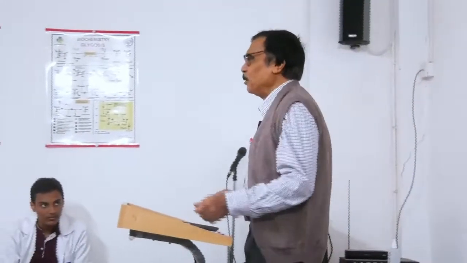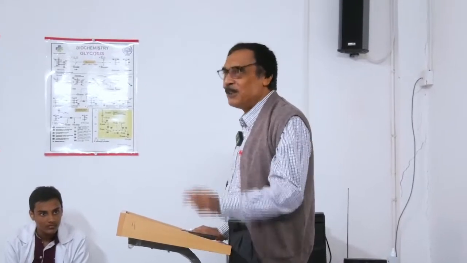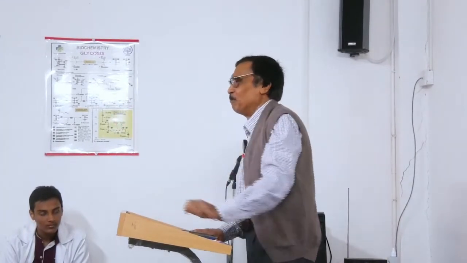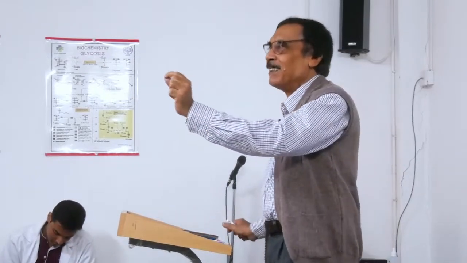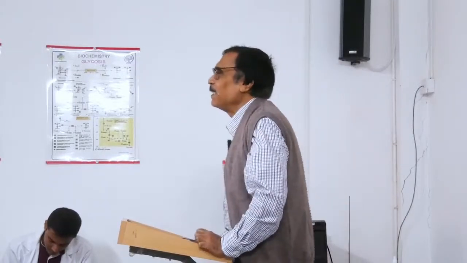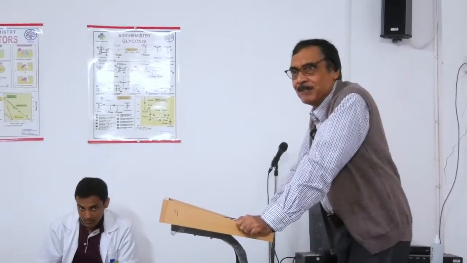Obesity is related to diabetes mellitus, and cholesterol is related to atherosclerosis. Cholesterol is related to atherosclerosis and coronary artery disease. Triglyceride is related to obesity, and obesity leads to many diseases like diabetes mellitus.